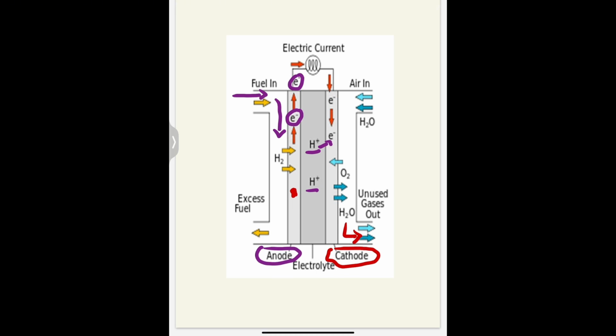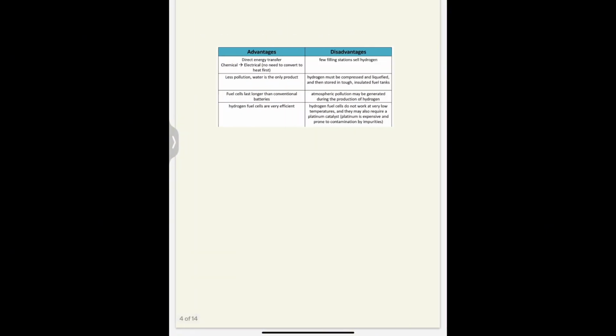Now I'm going to start the half equations on this page. Normally when we write up an oxidation reaction, the number of electrons always comes after the arrow. But please remember, how I write up these equations is how you would need to do it for your exams. So here I have H2, that's hydrogen.